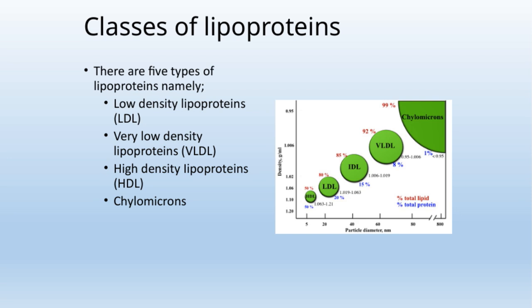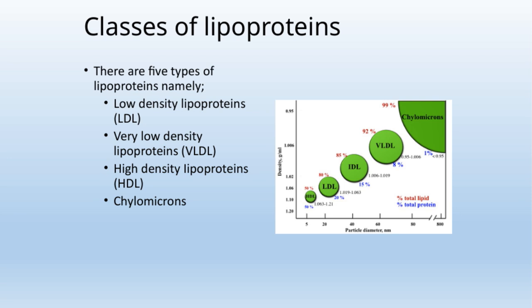Next up are high-density lipoproteins, or HDL, known as the good cholesterol because they help remove excess cholesterol from the bloodstream and bring it back to the liver for disposal. We also have chylomicrons, which are responsible for transporting dietary lipids from our intestines to other parts of the body.